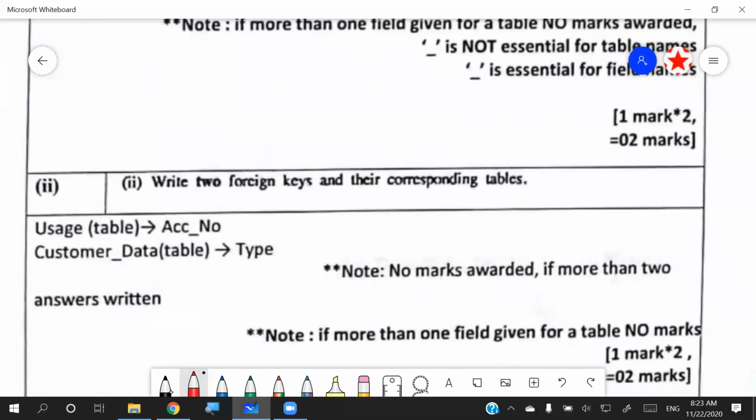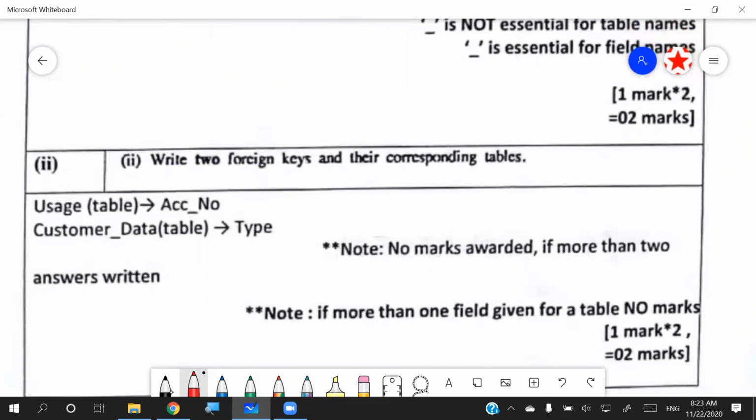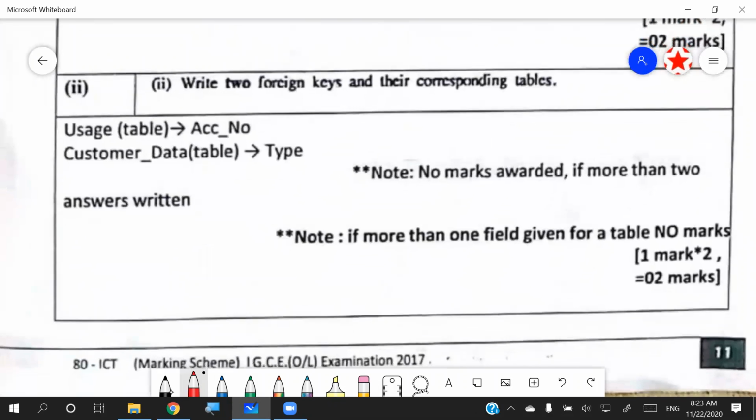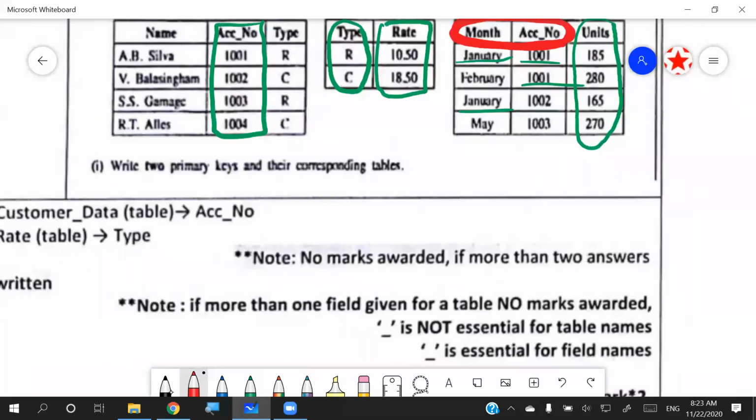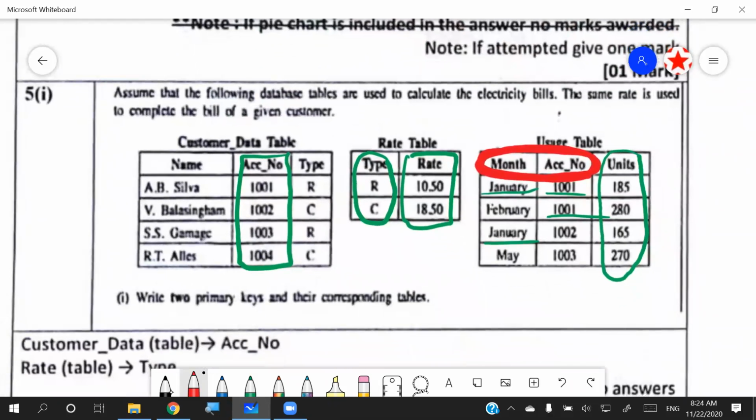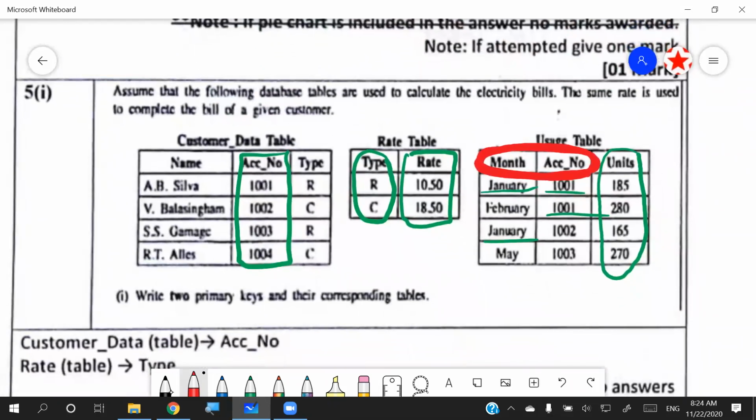Right, in the second part, it is asking to write two foreign keys and their corresponding tables. Now foreign key means the primary key of one table can be replicated or used in another table as a foreign key. So the type over here is going to be a foreign key. So the customer data table type column is a foreign key.